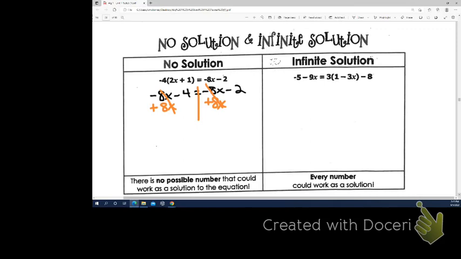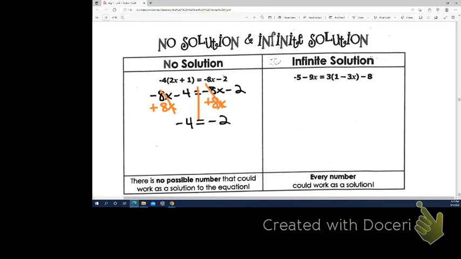It cancels out on both sides. Negative 8x plus 8x does not make x. It's 0, right? They're gone. And so negative 4 is equal to negative 2. Not in this world, right? So what's left is not a true statement.